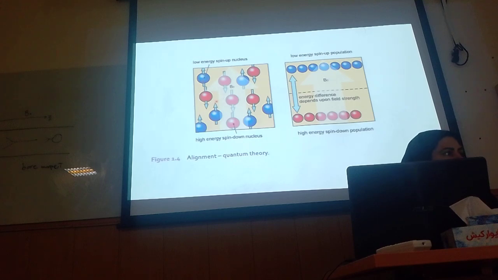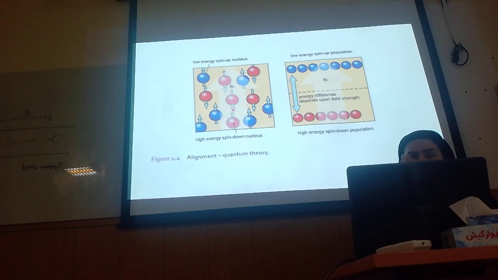In this picture, you can see the different alignments of hydrogen nuclei within an external magnet. Is this nucleus aligned with the external magnetic field? This nucleus is opposed to the external magnetic field. Two spin states.